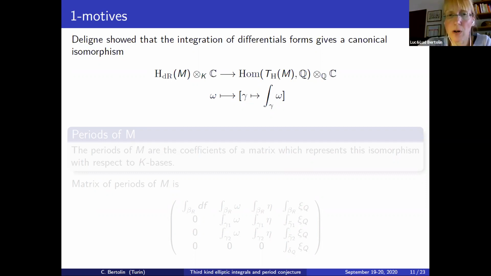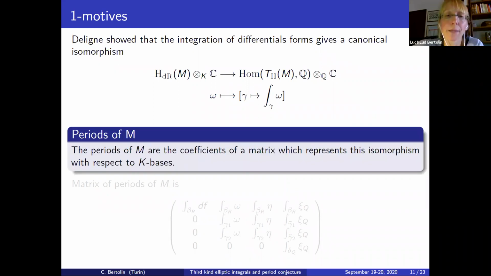This is a general fact, which is true for any projective variety, but Deligne proved this isomorphism also in the case of one motive. The periods of a one motive are exactly the coefficients of a matrix which represents this isomorphism with respect to K bases.